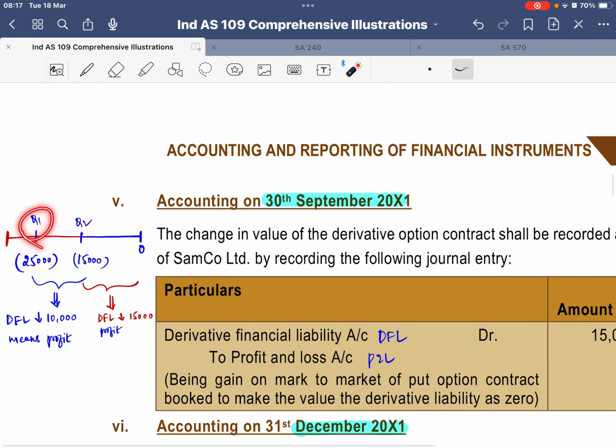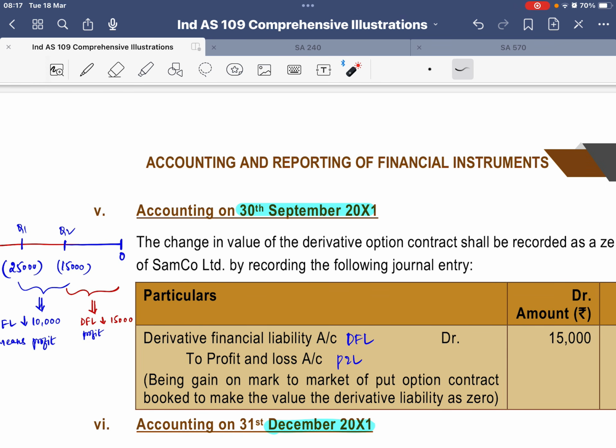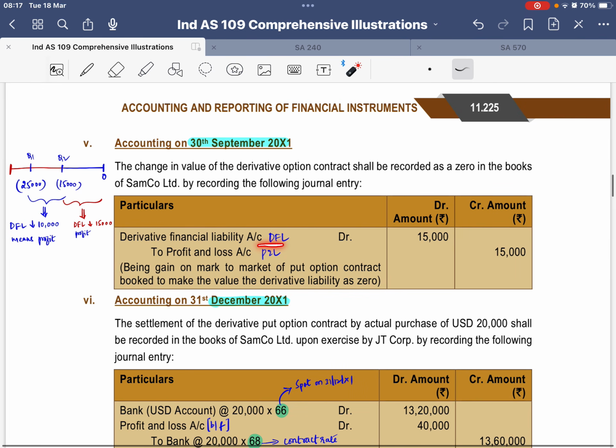Q1 minus 25,000, Q2 minus 15,000. The difference is reduction of 10,000, which we have seen in Q2. Now coming to Q3, it is 0. The balance is nil. So 15,000 of DFL has been reduced. Derivative financial liability to P&L account 15,000.